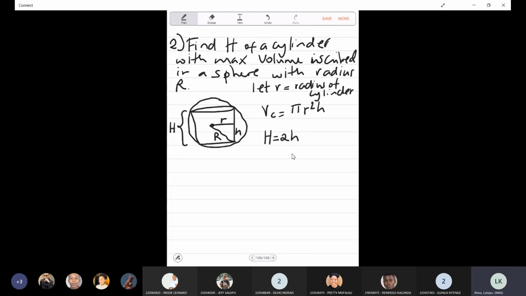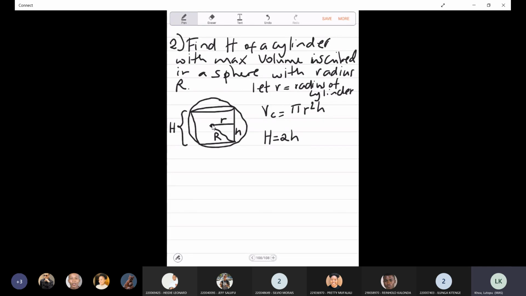Now remember this capital R is fixed. That is given to us in the question. It is fixed, even though it's not stated as a number like 5 or whatever, because they say it's capital R, so you can take it as a constant.